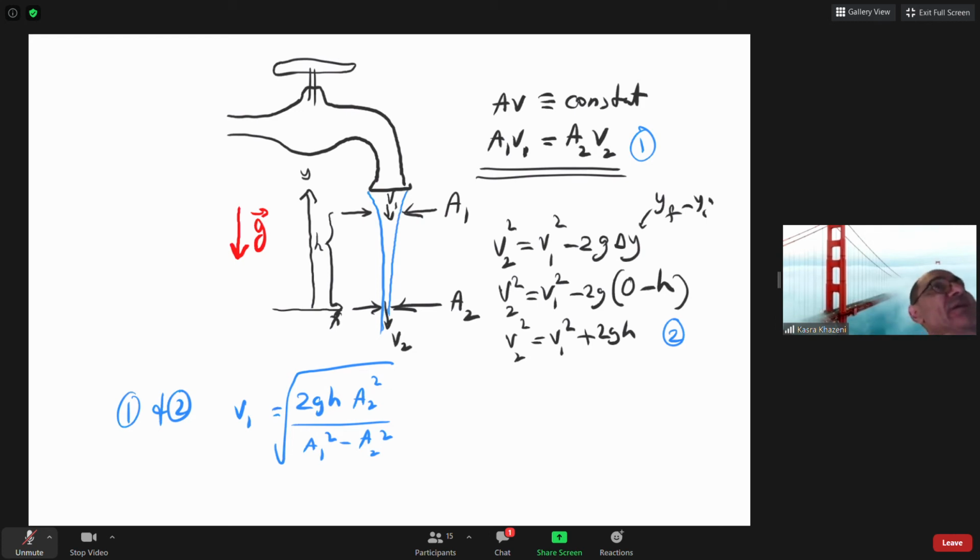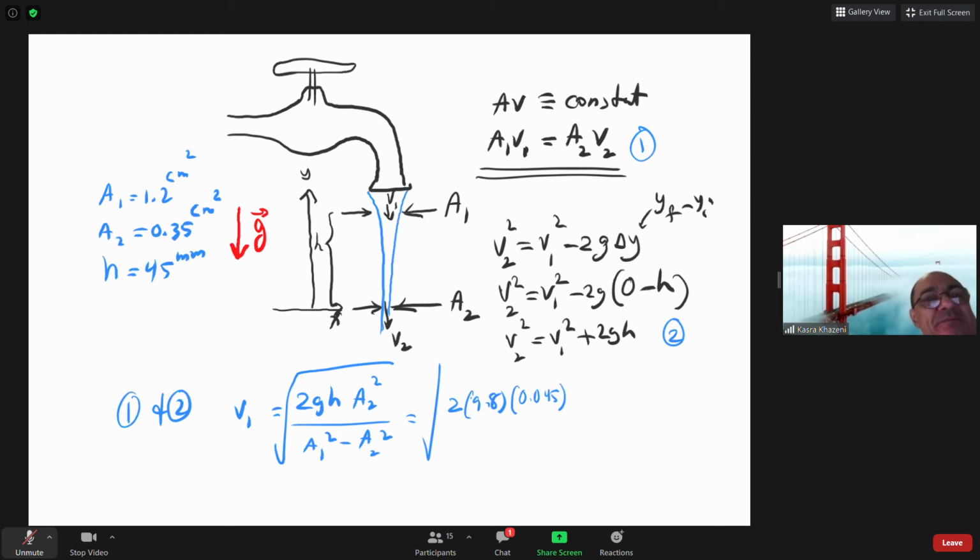Now, of course, we can have numbers. Suppose A1 is equal to 1.2 centimeters squared, A2 is 0.35 centimeters squared, and h is 45 millimeters. And if you can then plug those numbers in, 2 times 9.8, h is 45, and then A2, 0.35 centimeters squared.